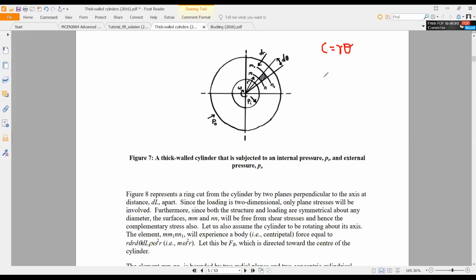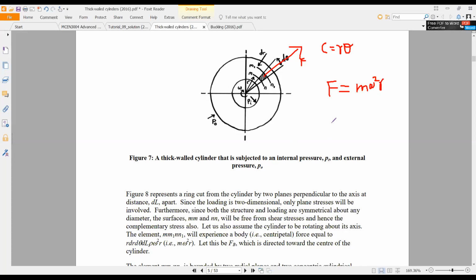I hope you know the equation of that if we apply the F load here. What is the equation? F equals m r omega squared. Omega means the rotating speed, rotational speed.